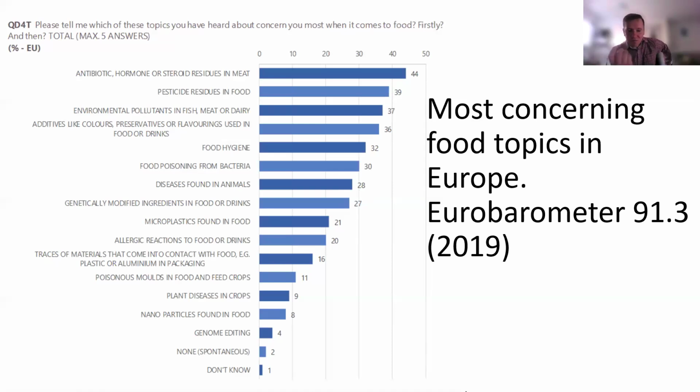So if you look into the numbers, you can see down over there below genome editing. So only 4% of EU respondents identify genome editing as a most concerned food topic for them.